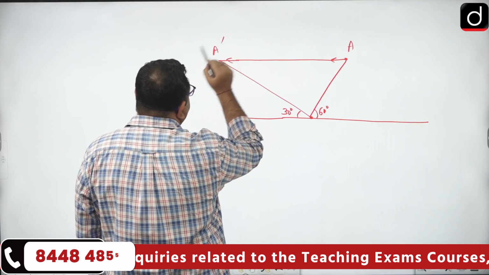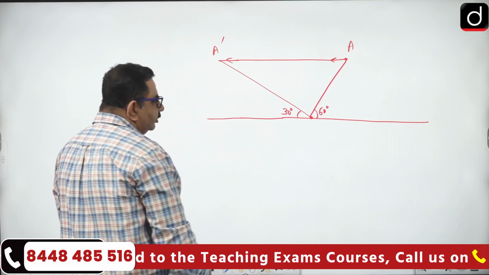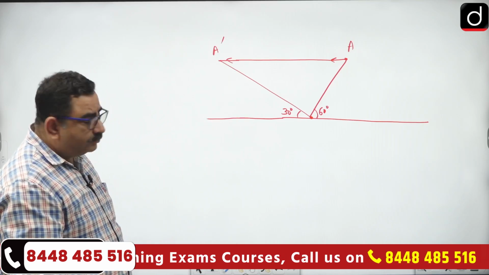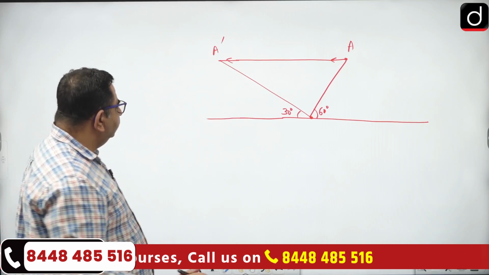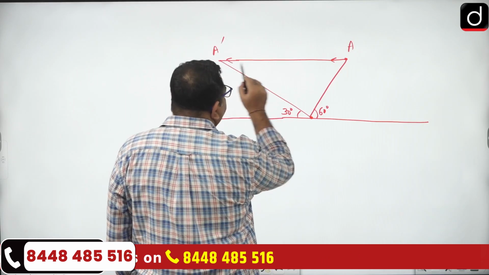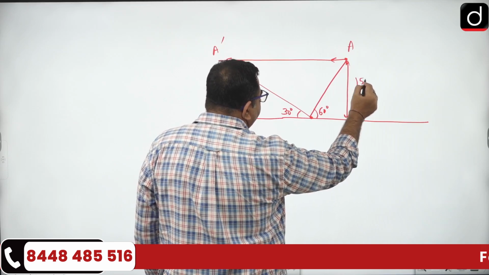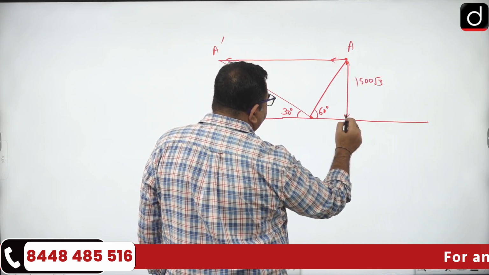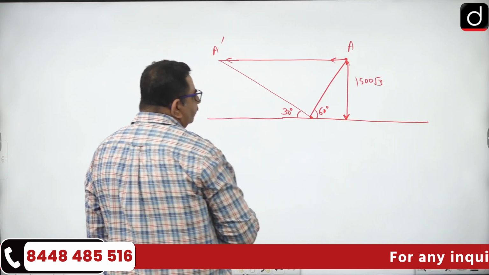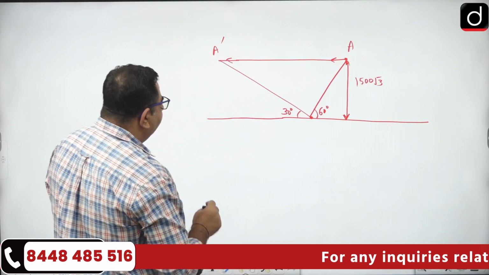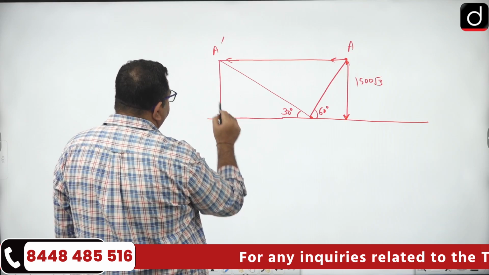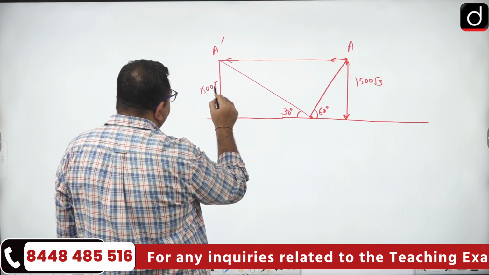And this will be A dash. So this is also possible, right? So again we can find the value of A dash. So this height is 1500 root 3, and this is also 1500 root 3.